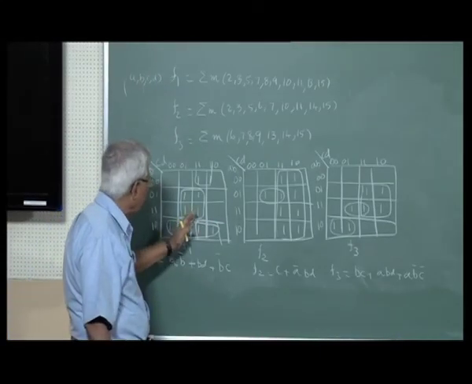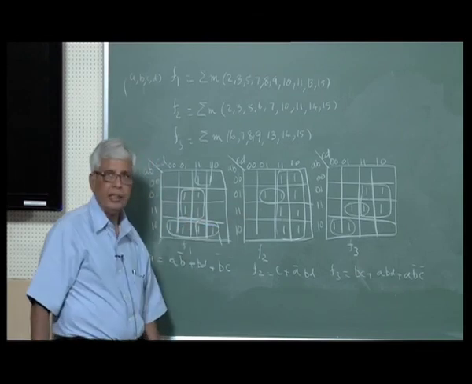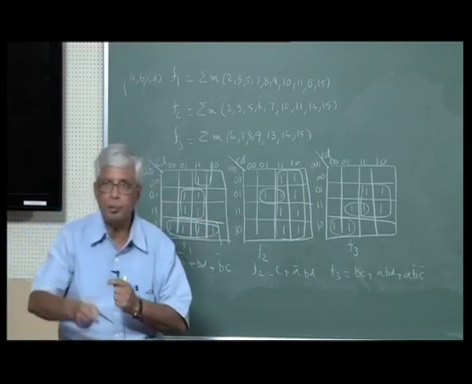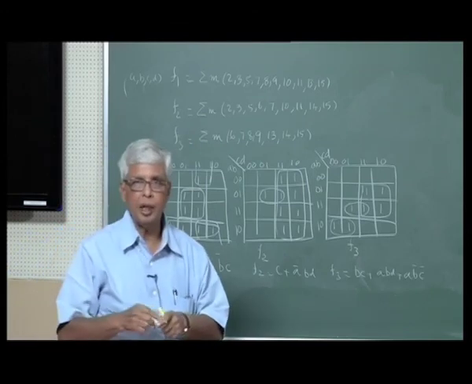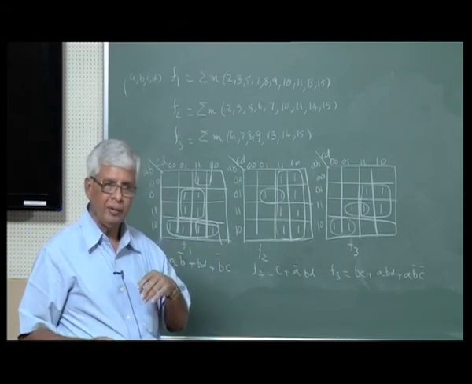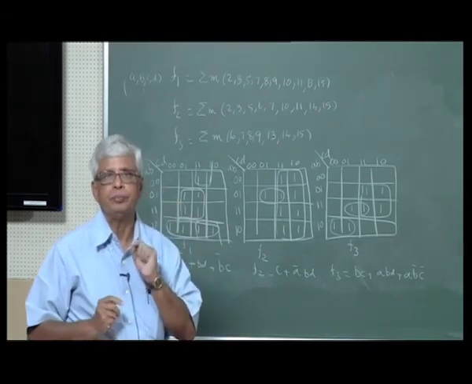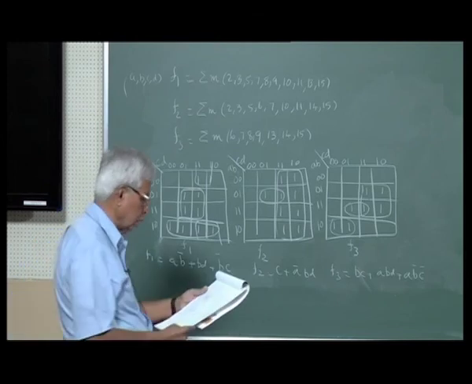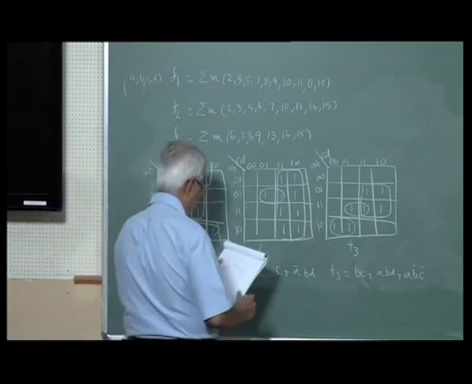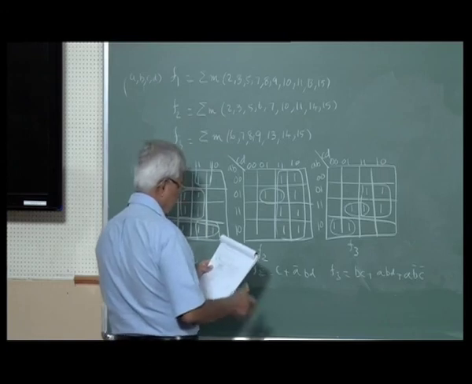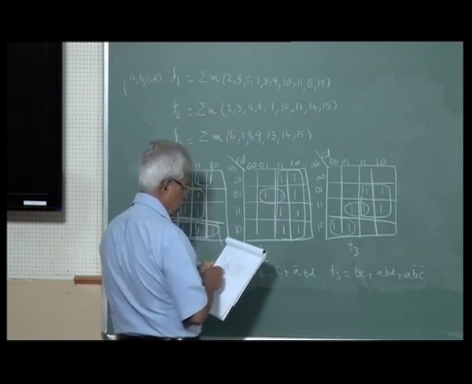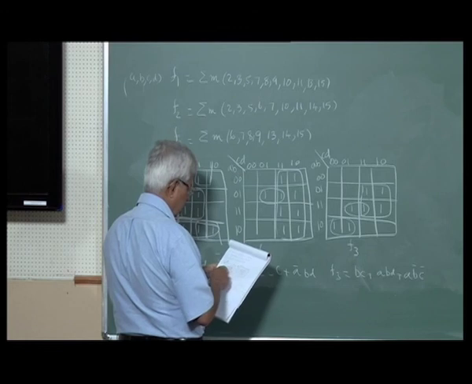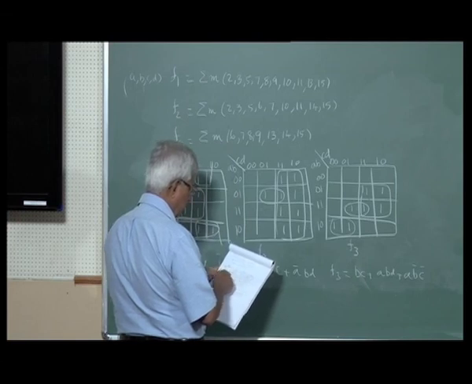If we have a common minterm between this and this, even though it is not the best way to simplify the map, I will use it because when I am going to use a PLA, I would like to have as few minterms as possible. So that way if you look, you have this between this and this.